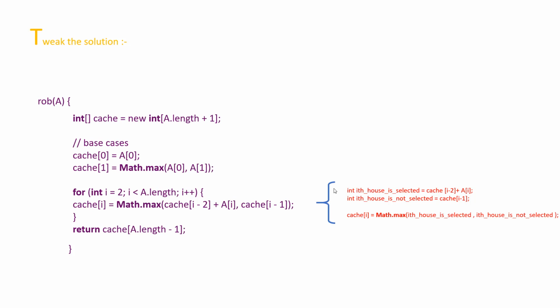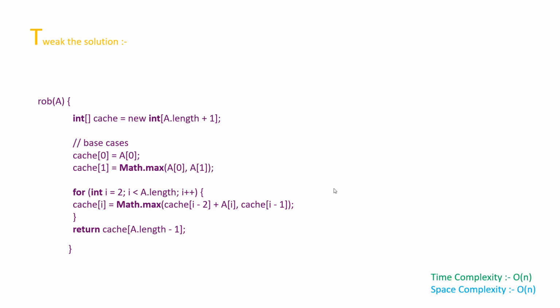It's totally the same whatever we have started from till here. And the complexity of the solution is the same, which is O(n). But the main thing about this solution is it's a bottom-up approach. So there's no recursion overhead. That is the reason this solution is much better than the previous one.